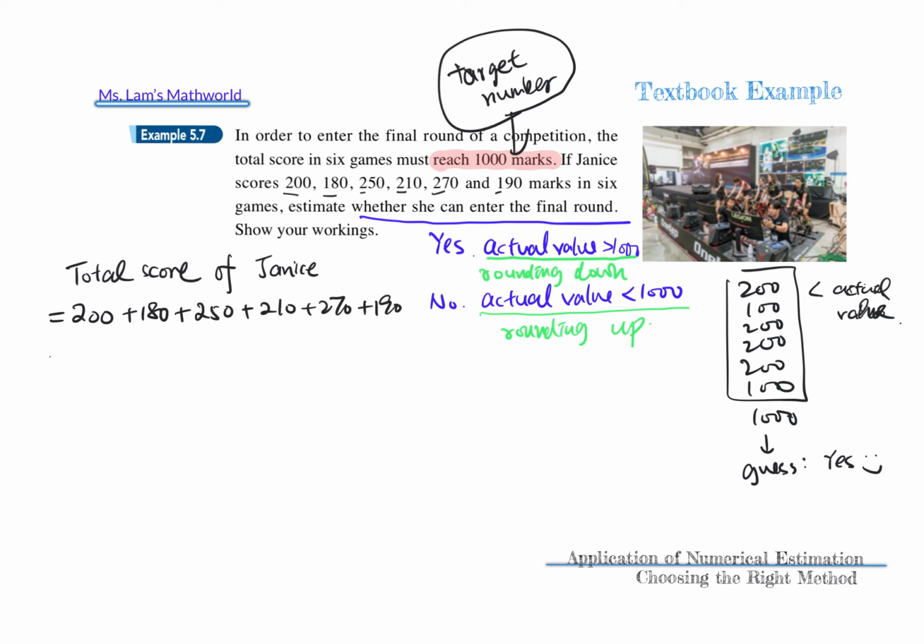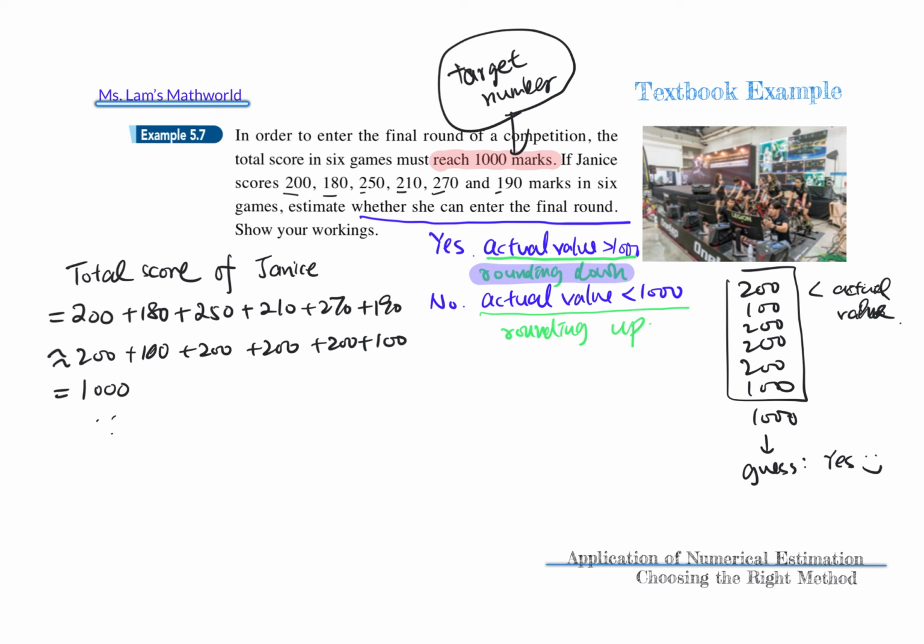And then we round down the values, and it becomes 200 plus 100 plus 200 plus 200 again plus 200 and plus 100. So calculate carefully, we get 1,000.